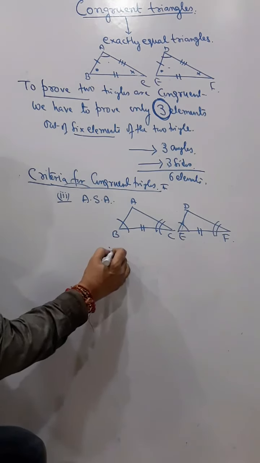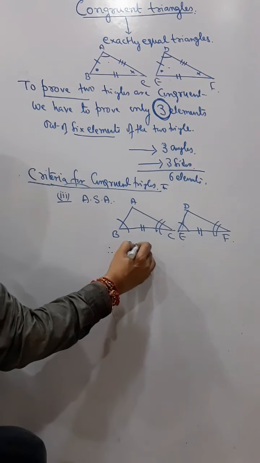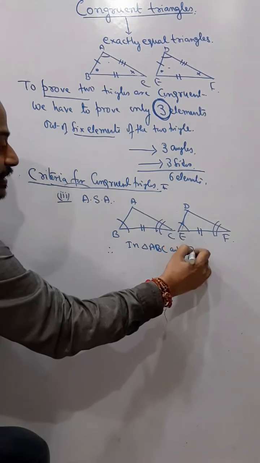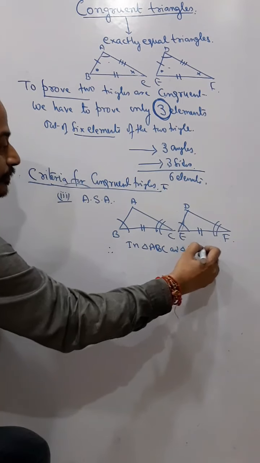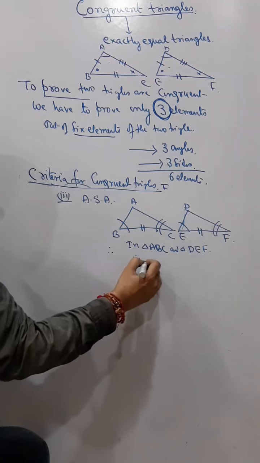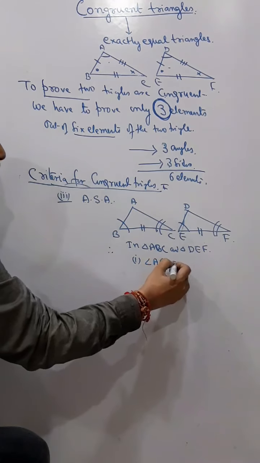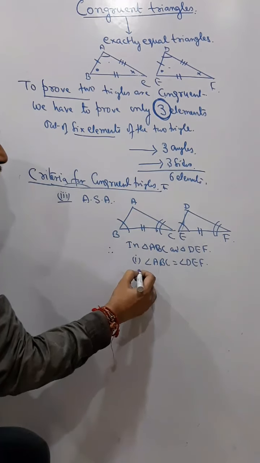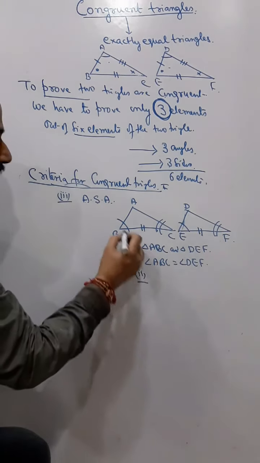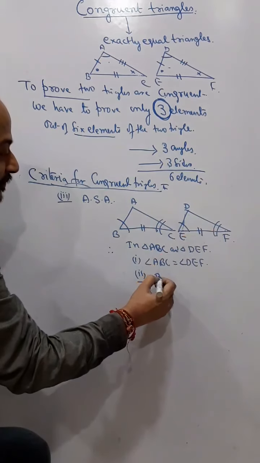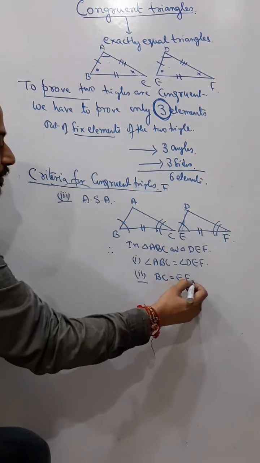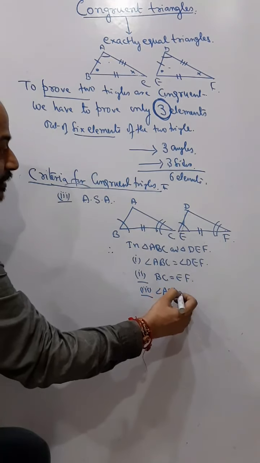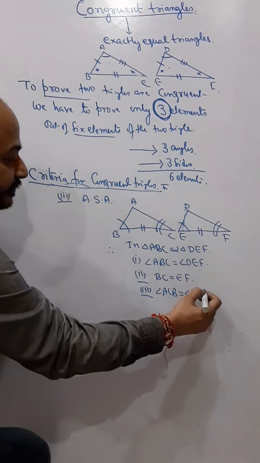So now also we can say that in triangle ABC and triangle DEF, say angle ABC is equal to angle DEF, then I can say BC equals EF, and third we can say angle ACB is equal to angle DFE.